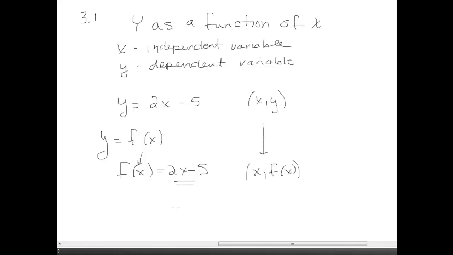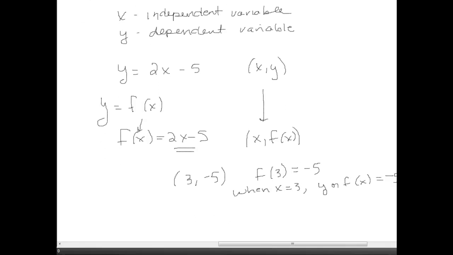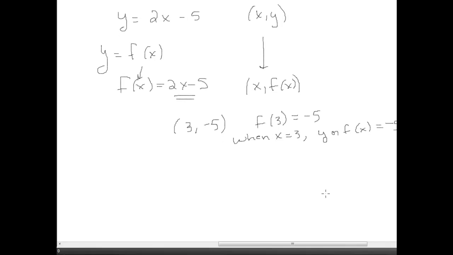So for example, if I gave you the ordered pair on a function (3, negative 5), what this is telling me is that f of 3 is equal to negative 5, or when x equals 3, y, or f of x, is equal to negative 5. So this is notation and vocabulary that you need to become familiar with.